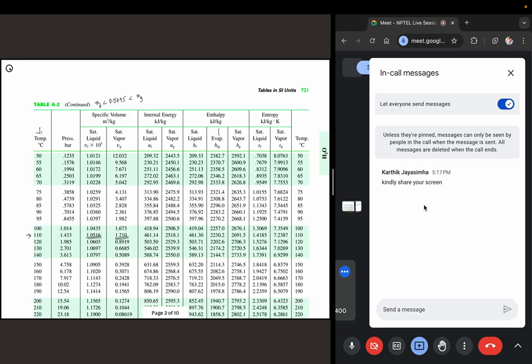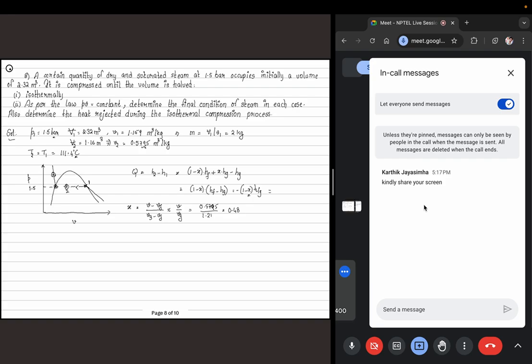That is an enthalpy value. We have already calculated the total mass, so the net heat transfer will be, this is using the steam tables.